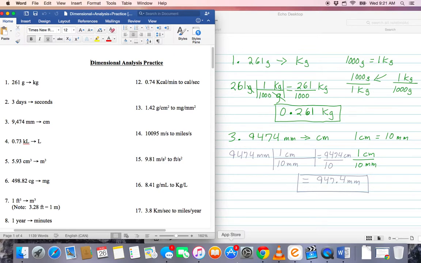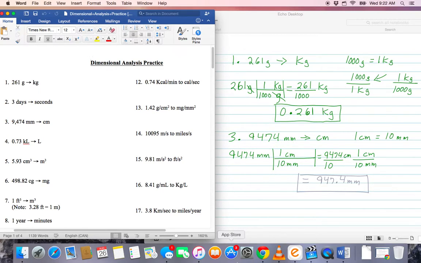Now we set up our dimensional analysis, 9,474 millimeters. We set up our boxes. We have 10 millimeters for every 1 centimeter. This is equal to 9,474 all over 10.